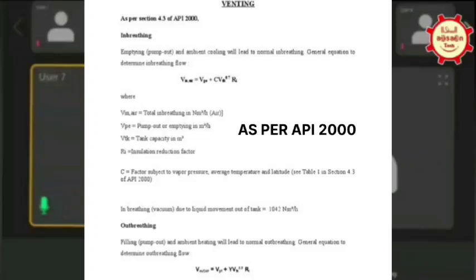And when you are filling, the gases are going out and liquid is filling. So on that time we need to calculate how much the speed of this float should be, or the gases to be considered, and how much the vent size should be. These are normally calculated as per API 2000.